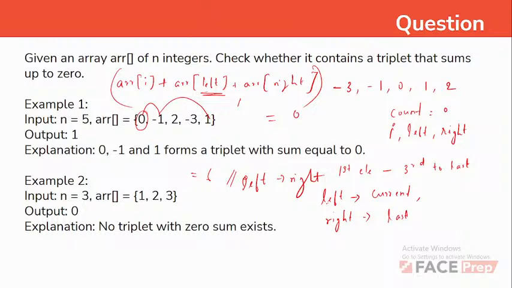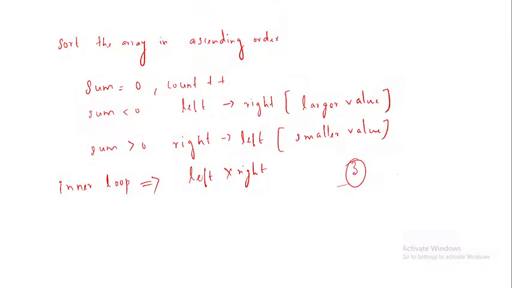And inside the inner loop, I'll find the sum of all the 3 pointers, that is array of i plus array of left plus array of right. Once I find the sum, I need to check 3 conditions: whether the sum is equal to 0, or lesser than 0, or greater than 0. If my sum is equal to 0, I'll increment the count.